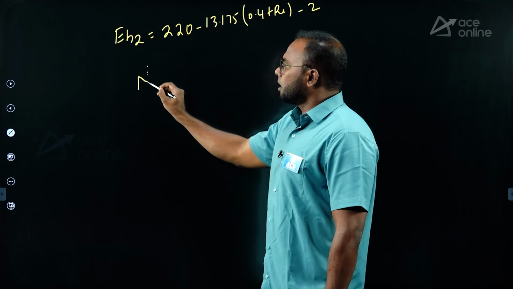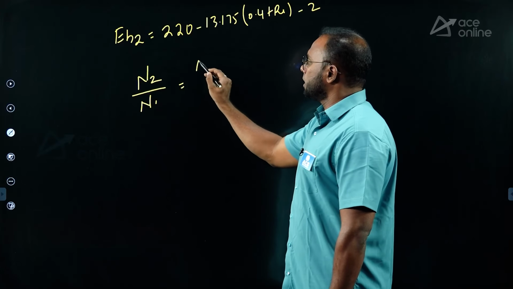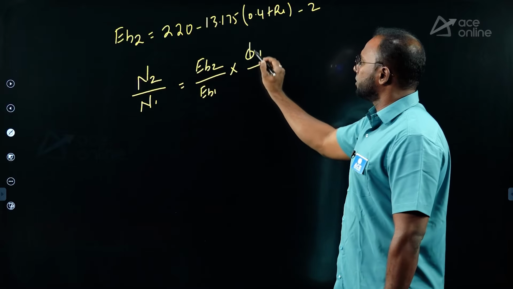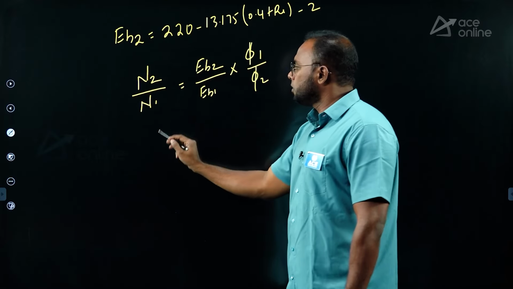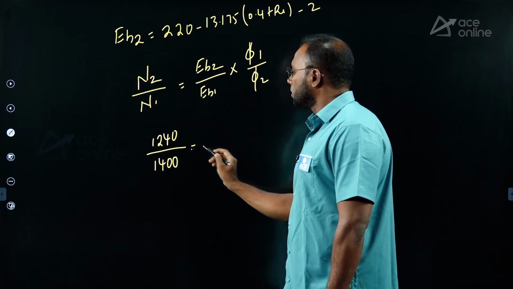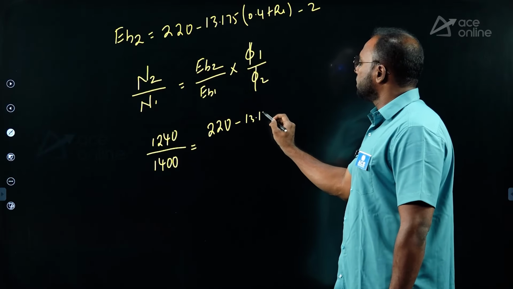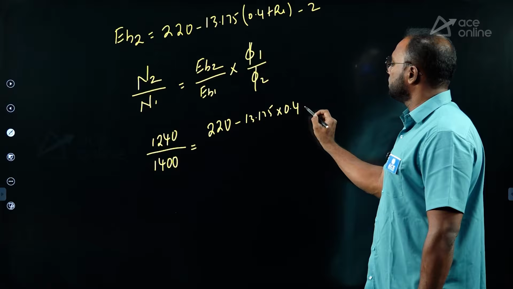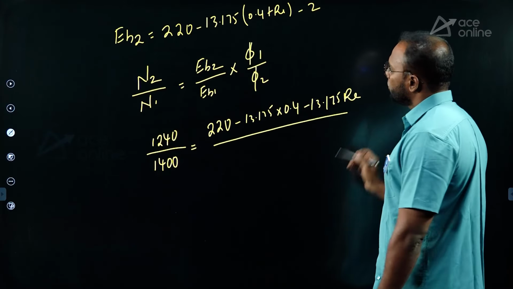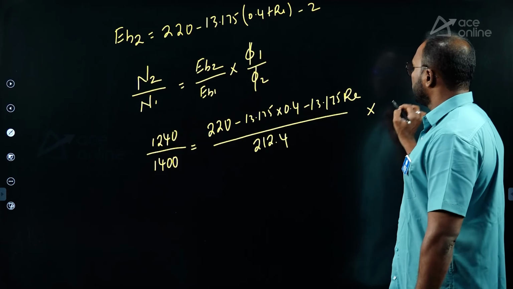Now according to the speed relation, before addition and after addition of resistance, N2 by N1 we can write as EB2 by EB1 into phi1 by phi2, from back EMF. N2 is 1240, N1 is 1400, which equals EB2, 220 minus 13.175 into 0.4, minus 13.175 RA, divided by the EB1 value, 212.4, into phi1 by phi2, which cancels.